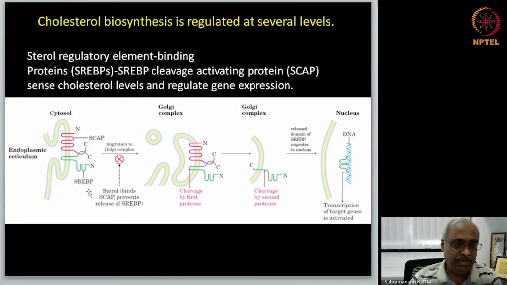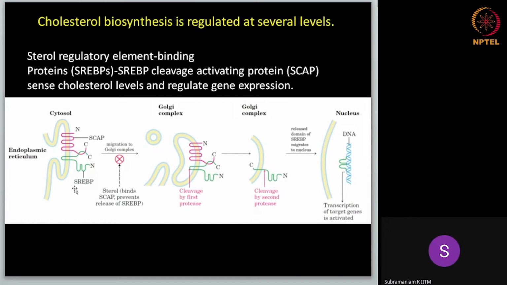These are two proteins. Sterol regulatory element binding protein, SREBP, is the main regulatory molecule. It has an integral membrane domain that is anchored on the endoplasmic reticulum, this green line that you see here. Its N-terminal part, which is not part of the membrane, is the regulatory domain.